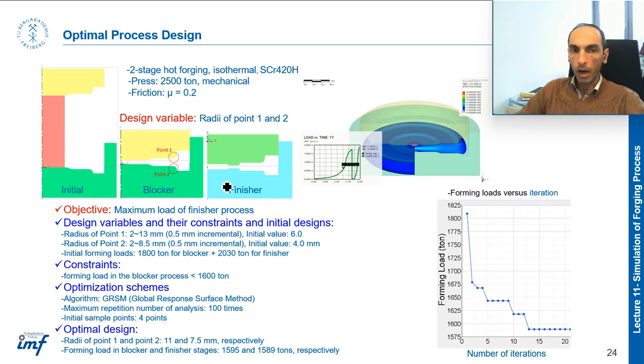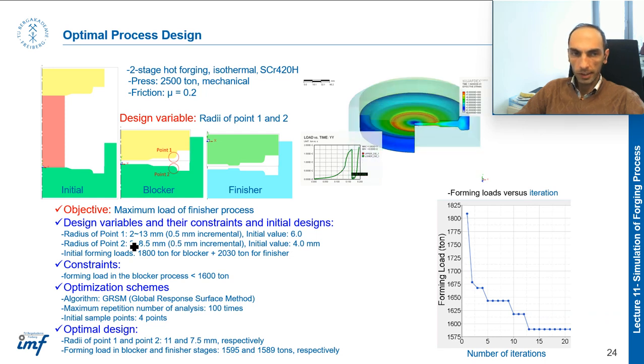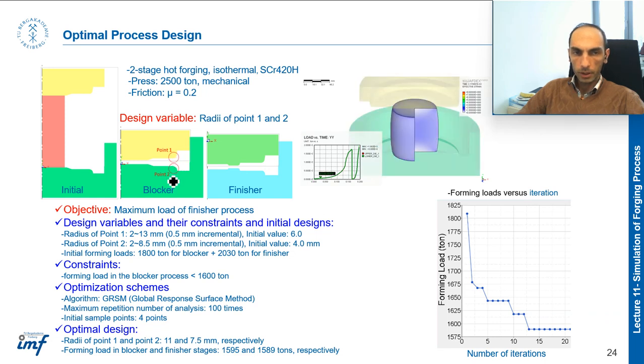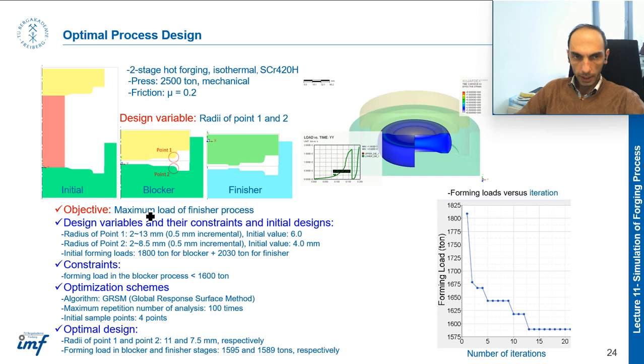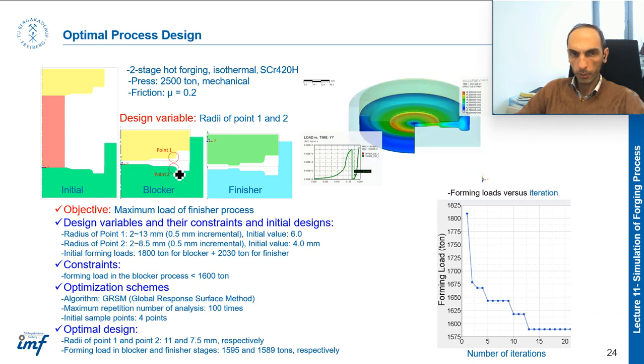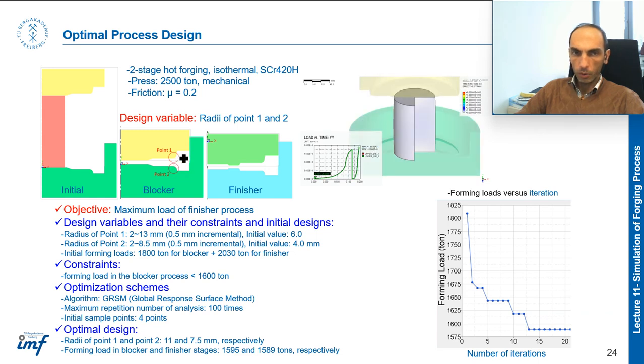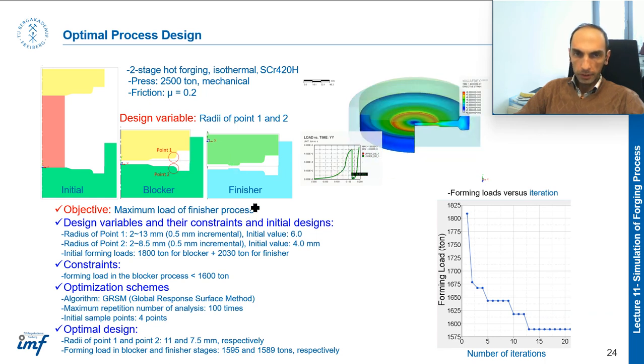How? By changing the die design. In the blocker, we have two points here, point 1 and 2, and the radius of points 1 and 2. We want to determine how much the radius of these corners could be and how it affects the final load at the finisher stage.